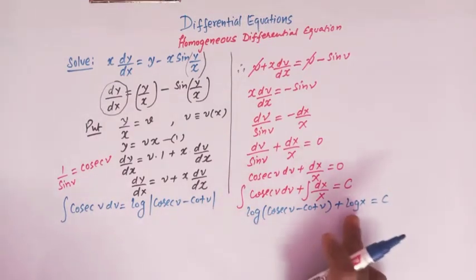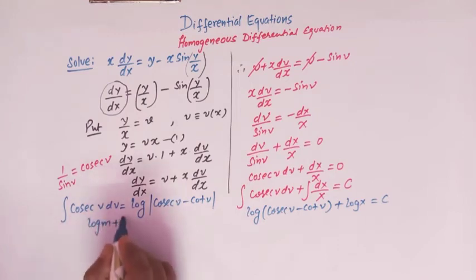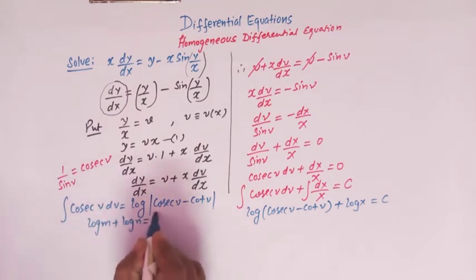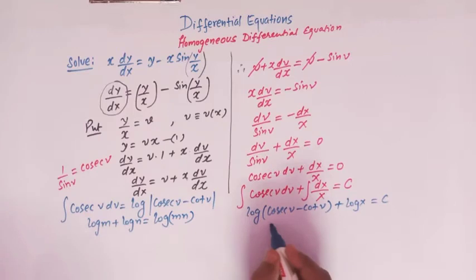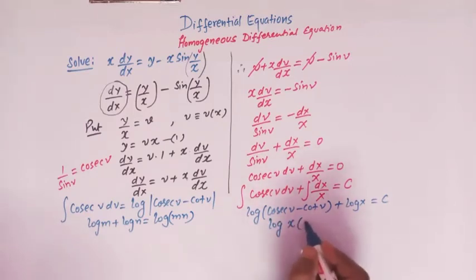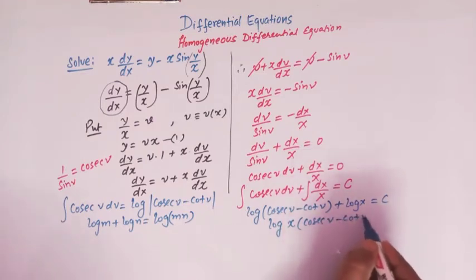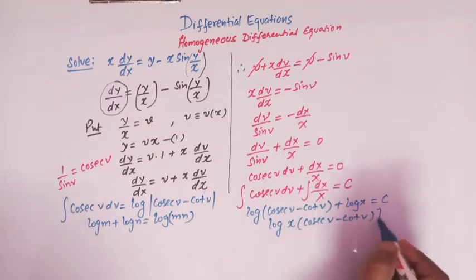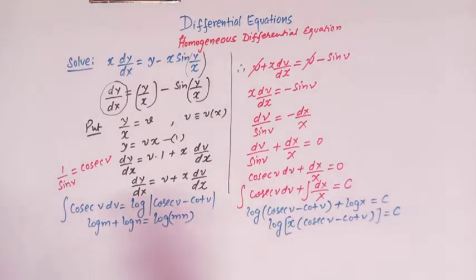Now combining these two terms, because we know that log of m plus log of n is equal to log of mn, this is the product rule for logarithms, we have now log of x times cosec v minus cot v is equal to the constant of integration c.